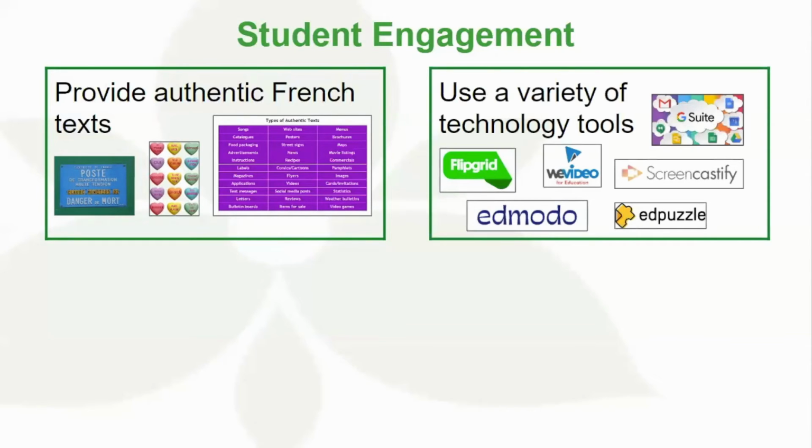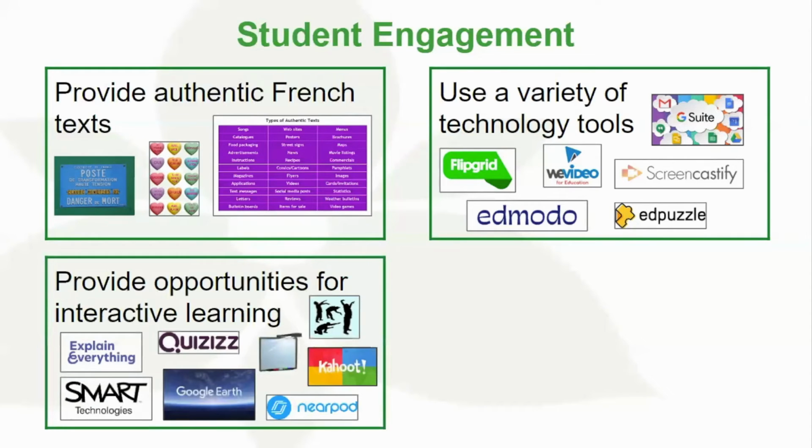Technology also supports student engagement. Consider the variety of board-approved apps and web-based tools that exist in order to assist and support students as they develop proficiency in French. Interactive learning provides a more hands-on experience and supports student engagement.